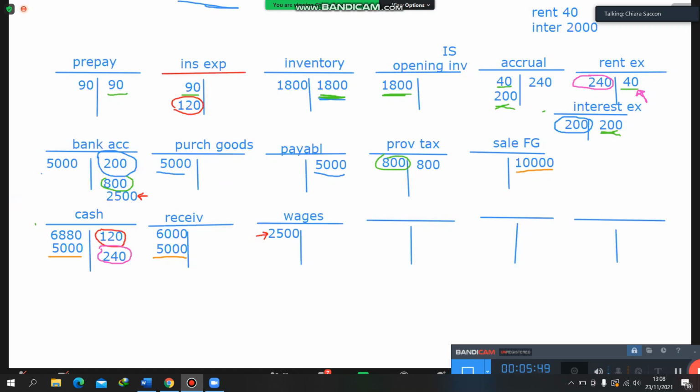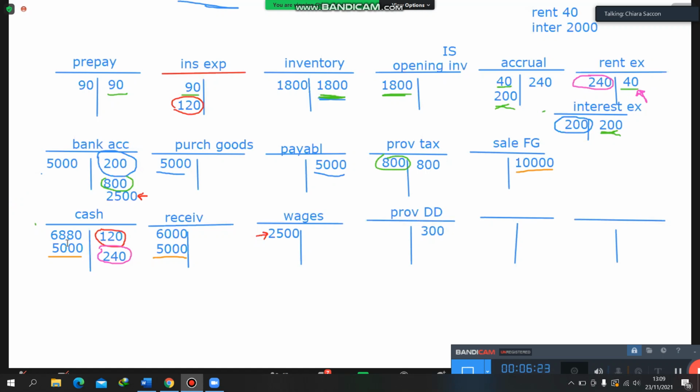You have it because it's part of the account we reopened at the beginning of the period. Coming from the previous period, it was 300. I'm not writing this now; you have it in your accounting system.